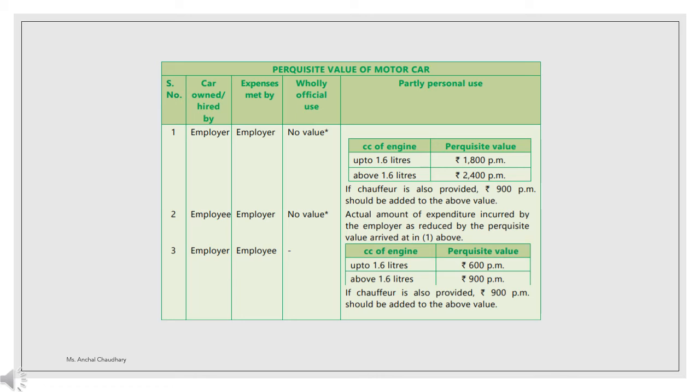And again, if a chauffeur is also provided, then the salary of the chauffeur will be assumed as 900 per month. So this is how you have to calculate the value of perquisite of any benefit or any kind of asset, and you have to remember all the perquisite values.